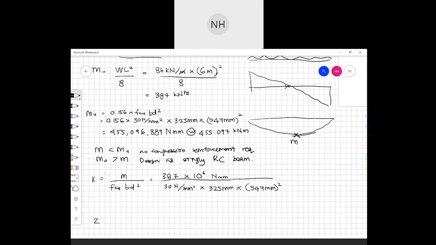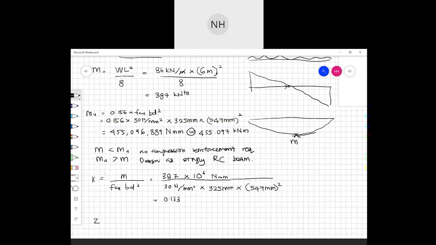Don't forget that. Sharifah Zawani says 0.133. Correct. The answer is 0.13265746583. So we round it to 3 decimal places only, so it is 0.133.